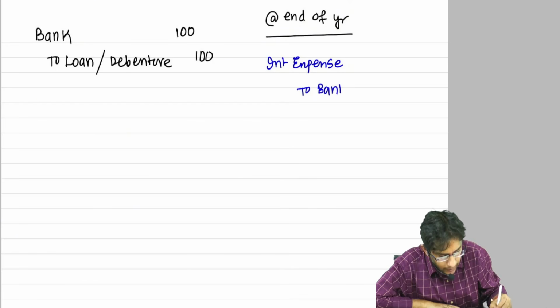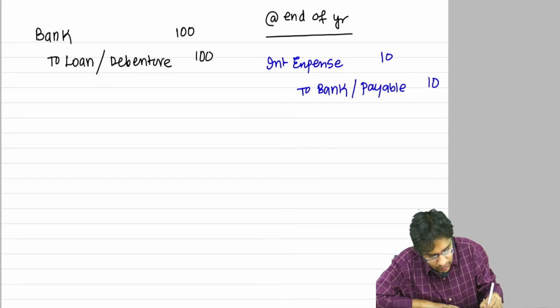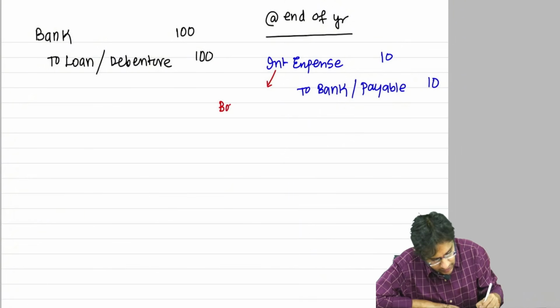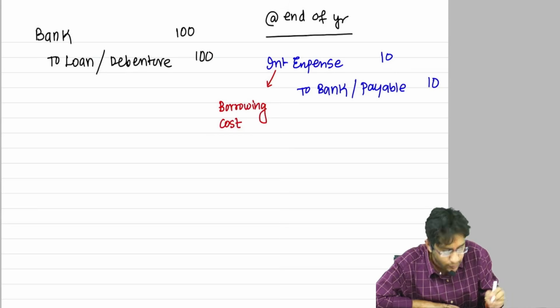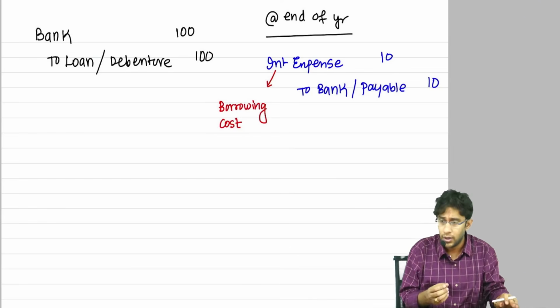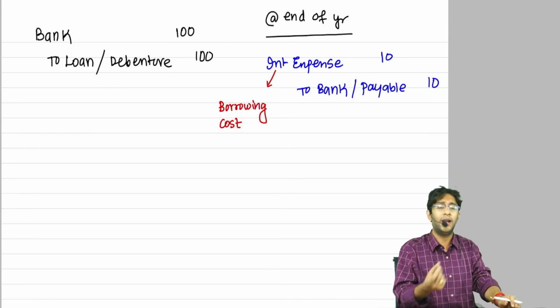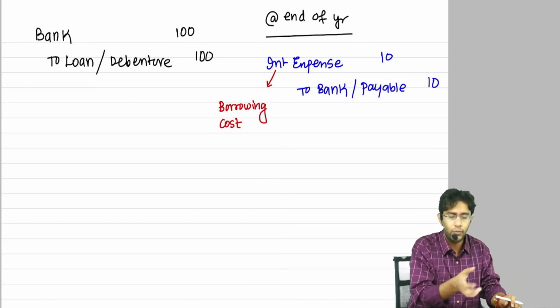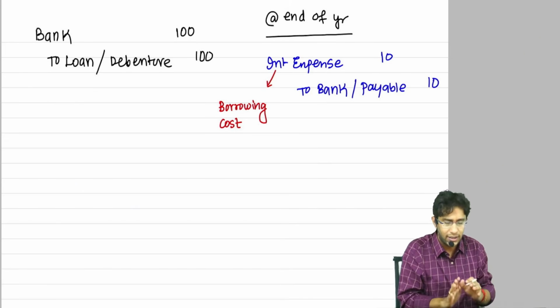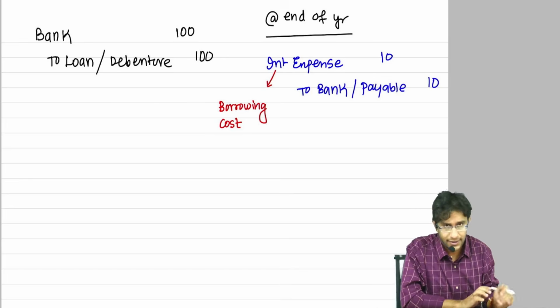If you pay, you will pay; otherwise, it would be a payable. Let's say some amount, 10 lakhs. This interest is a borrowing cost. Normally, this borrowing cost will be debited to P&L account. But now that we are incurring this borrowing in relation to a qualifying asset, then we will capitalize it, right? So a basic example of borrowing cost is interest only.